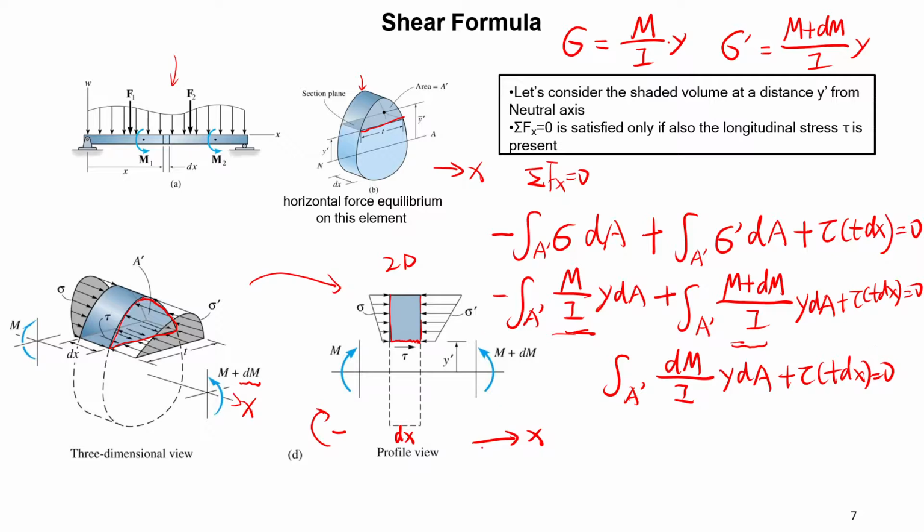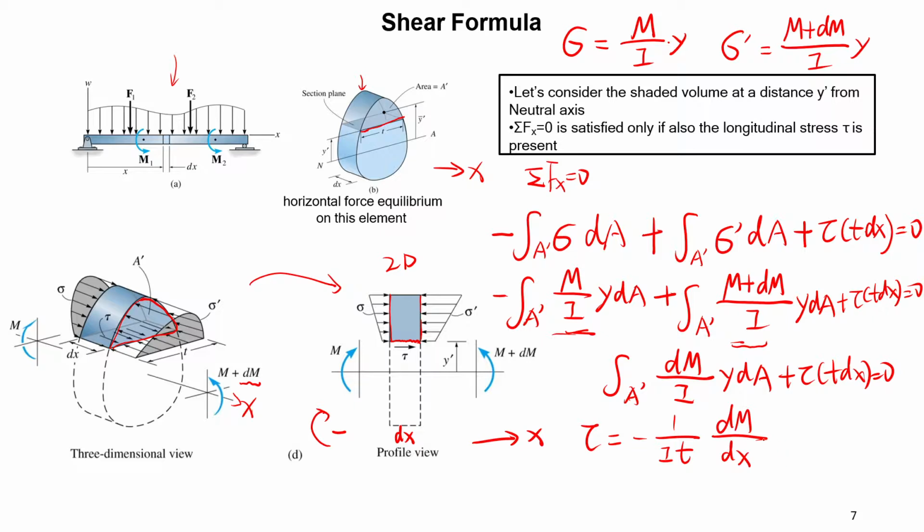Now we rearrange the equation. Tau is equal to, in this case we have a minus sign here, 1 over I t, and dM over dx.